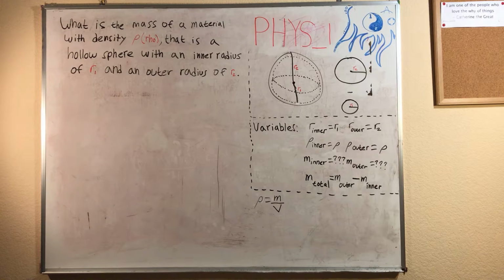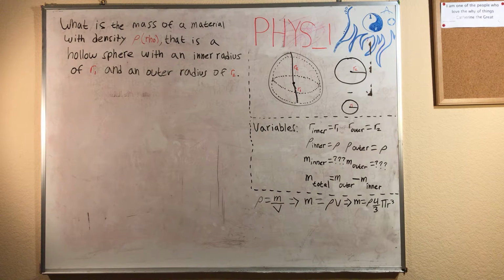This is quite a common theme with the density formula. So let's solve for just mass, giving us mass equals rho times volume, or mass equals rho times 4/3 pi times the radius cubed. This gives us our radius, rho, and mass relationship.